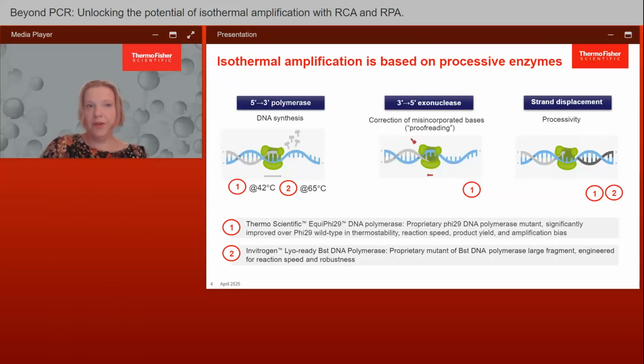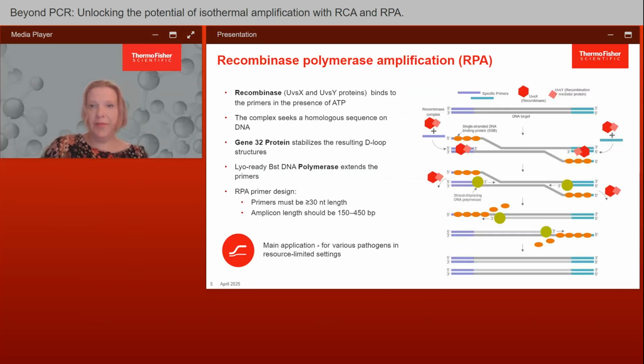For this reason, Phi29 and its engineered versions are used for rolling circle amplification for the methods Raminta will present about later, while BST DNA polymerase is mainly used in the assays where shorter fragments are synthesized, such as the one here. It's called Recombinase Polymerase Amplification.